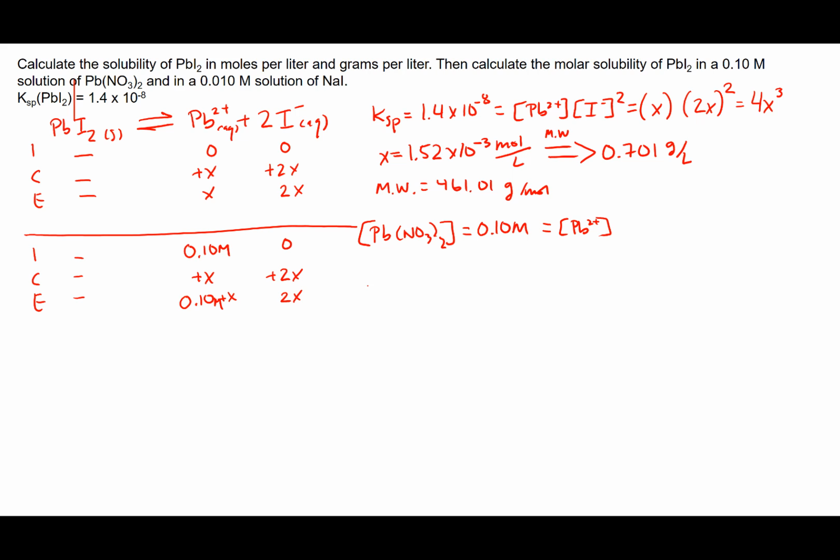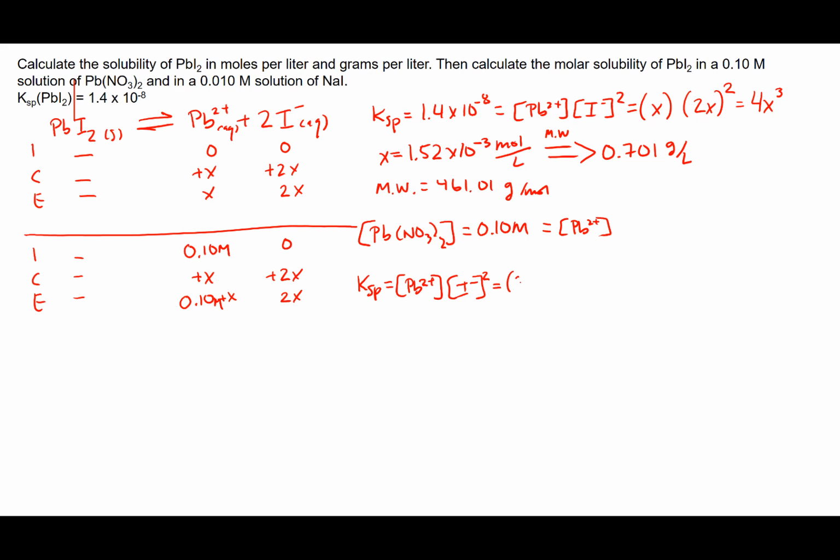And so we go through the same thing as what we had done before, where we have Ksp, the concentration of the lead 2 plus times the concentration of the iodide ion squared. Now we plug in our numbers.